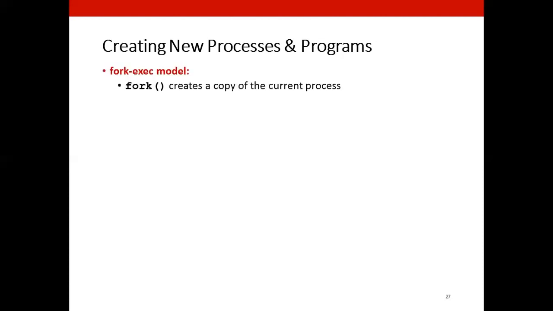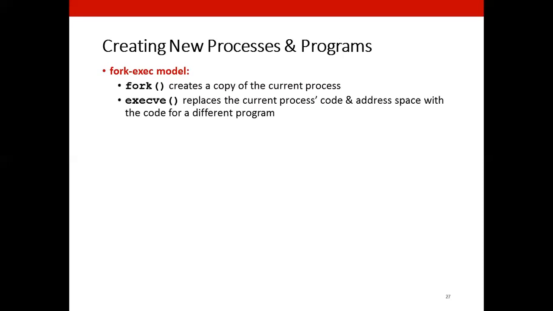Now we will talk about some system calls through which these processes are managed. We are going to use a model called the Fork-Exec model. Fork creates a copy of the current process, and execv replaces the current process code and its address space with the code for a different program.